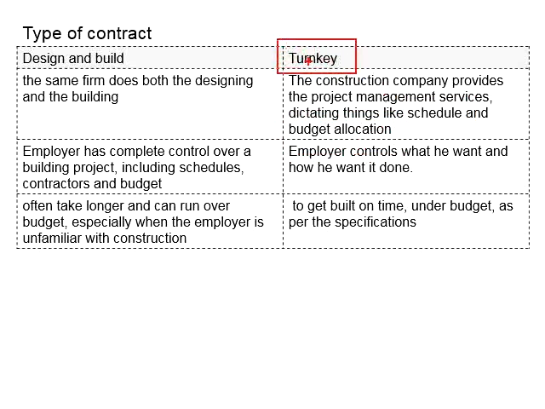Now this turnkey project is where the construction company also provides the project management services, ensuring the entire project is managed properly in accordance with the schedule within the allowable budget range. At the same time, the employer can still control what he wants and how he wants it to be done, with the professional management services also provided by the construction company.